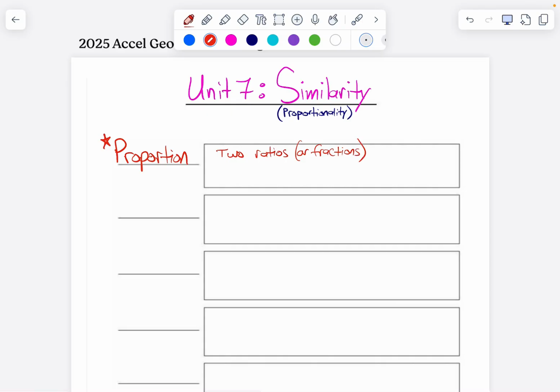I'm putting or fractions in parentheses because I think our brains go to, if I show you something like x over 5, your brain is saying, oh, that's a fraction, more so than a ratio.